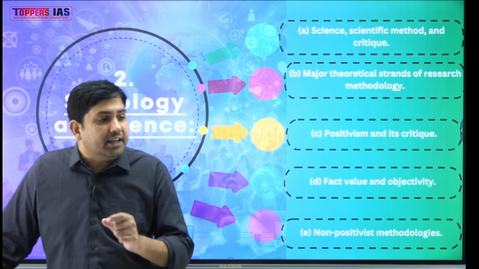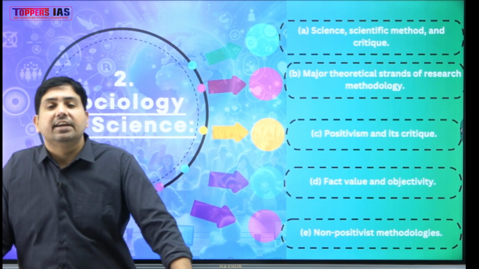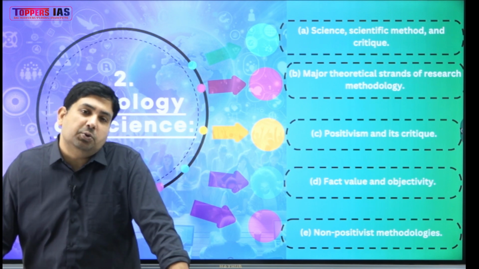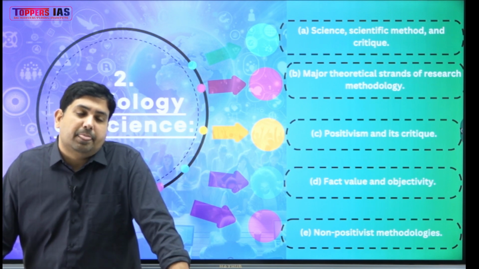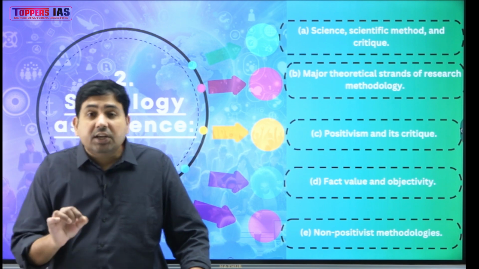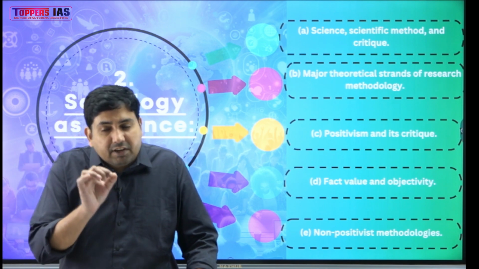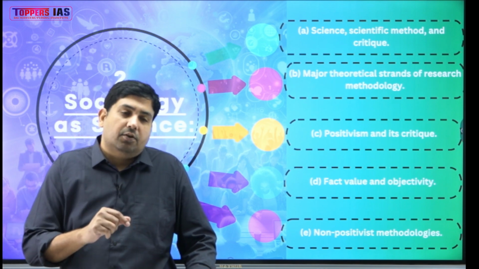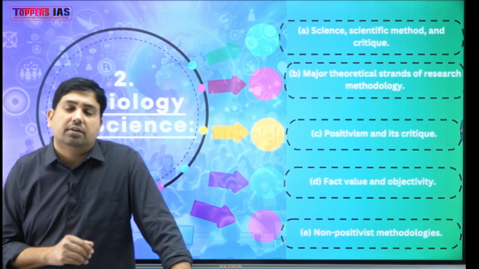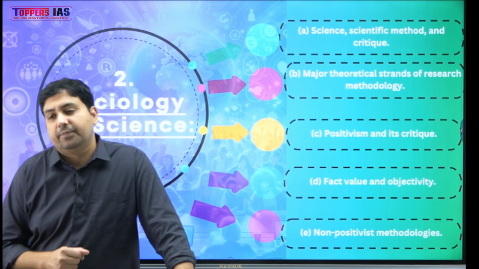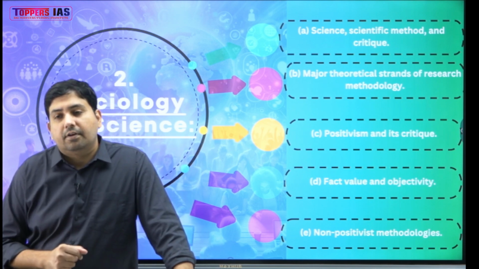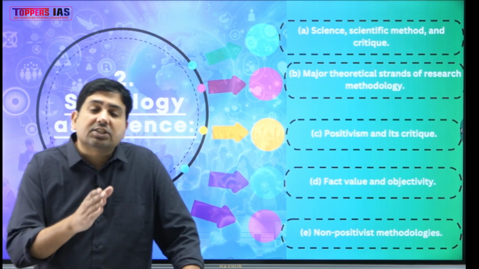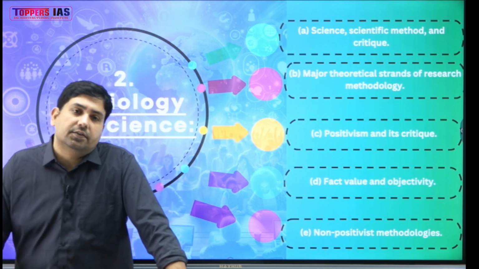So finding a universal law is a very difficult thing to do. They say that focusing only on observable facts misses the deeper meaning that people attach to their actions.